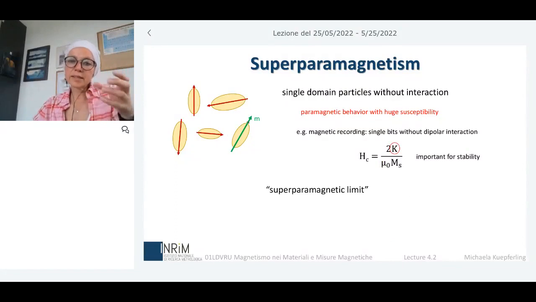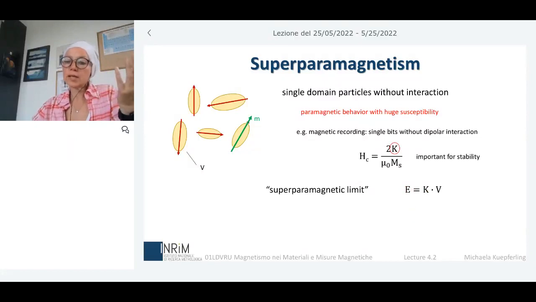However, another thing is that we want to reduce, of course, the size of this area of this single bit, because the more it is reduced, the more bits I can store, the higher is your storage density. And this is the so-called superparamagnetic limit, because since the anisotropy energy is a volume energy, if you reduce the volume of your single bit, then you reduce this energy that stabilizes the magnetization of your single bit a lot.